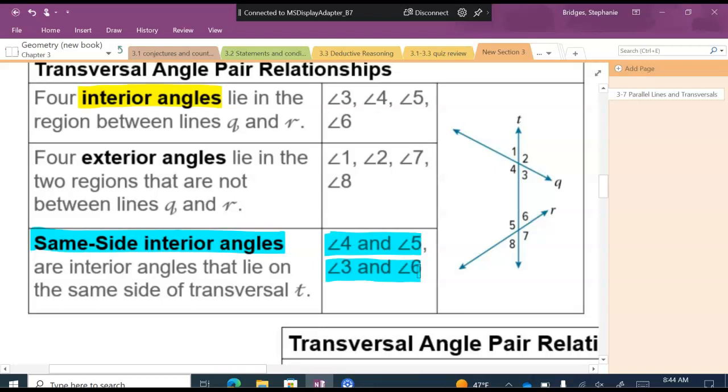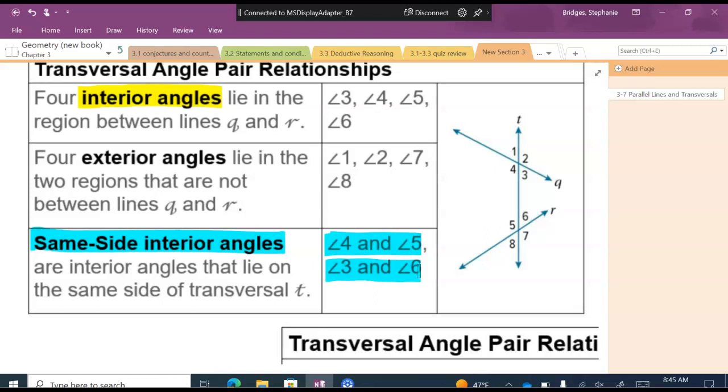Now, the same thing happens with the exterior angles, but this book doesn't really mention it, but it still is something that happens. So if I'm looking on the outside of my lines, which two angles are on the same side but on the outside here? 2 and 7, okay? And then what about the other side? 1 and 8, okay?